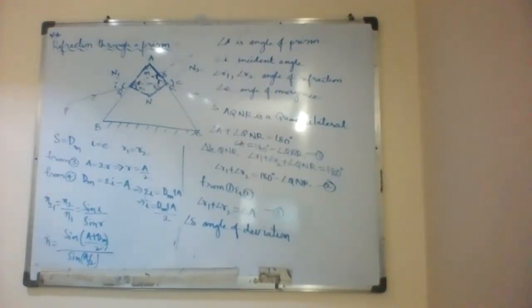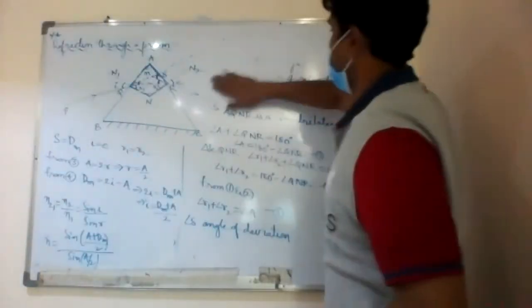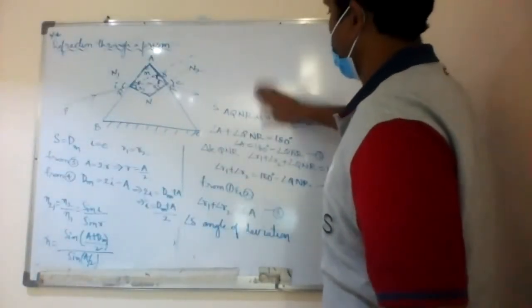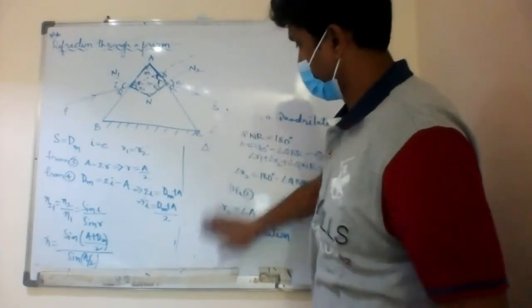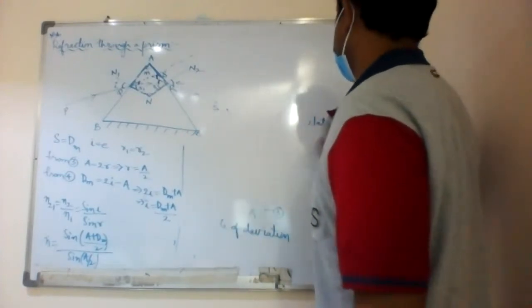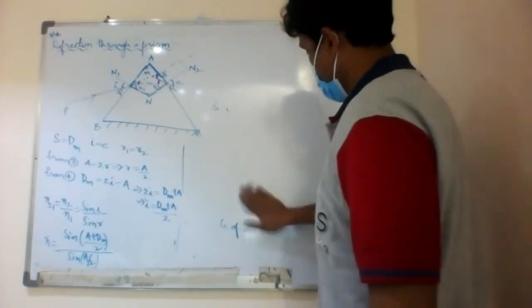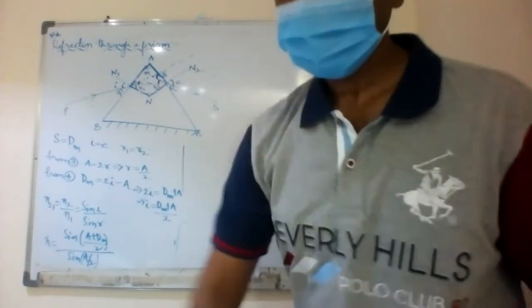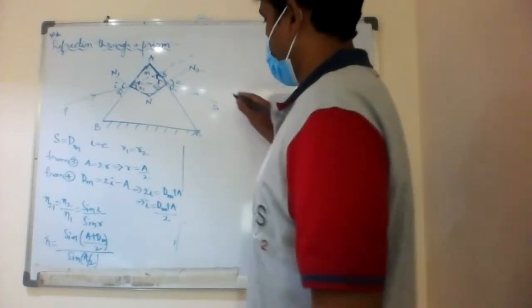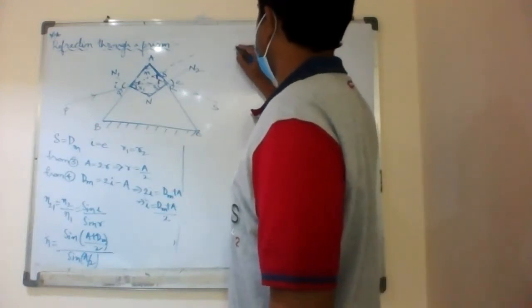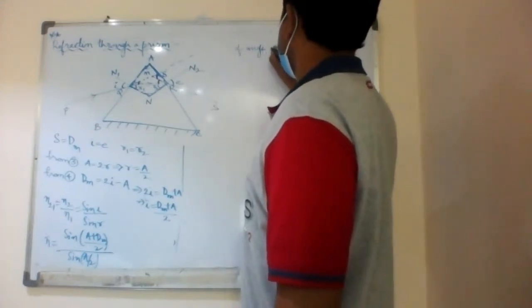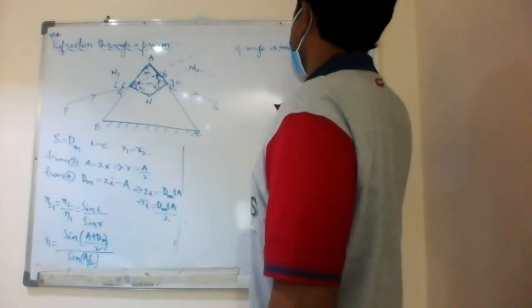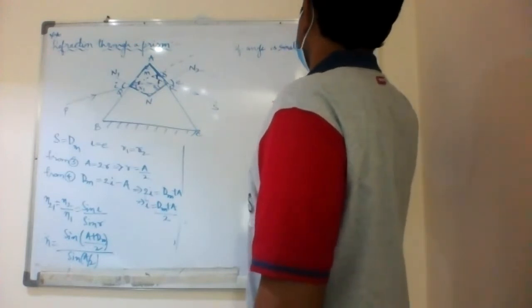If the angles are very small, sin theta will be equal to theta. So here, if the angle is small, sin theta will become equal to theta.